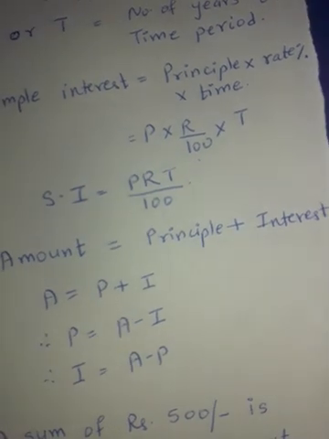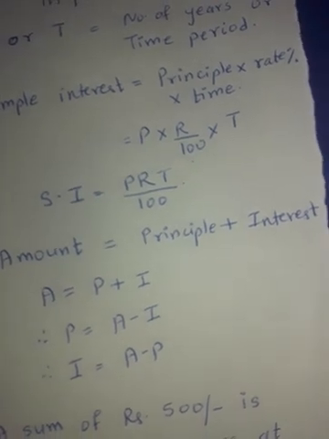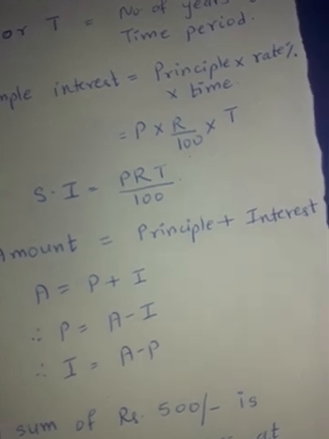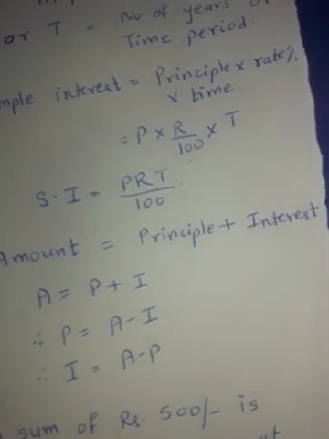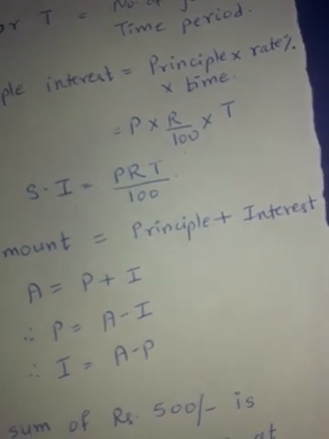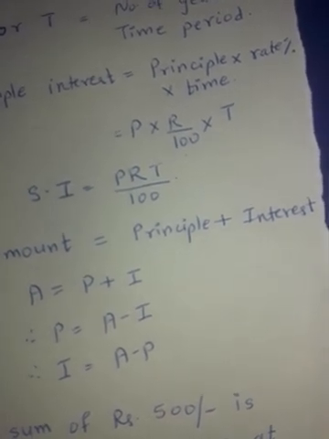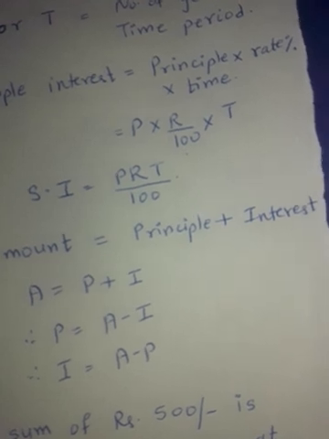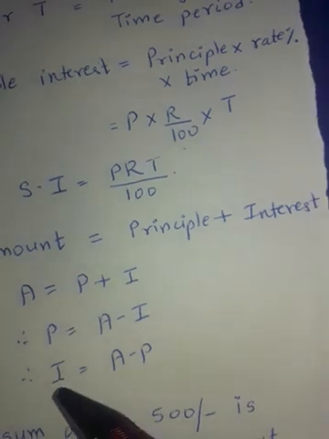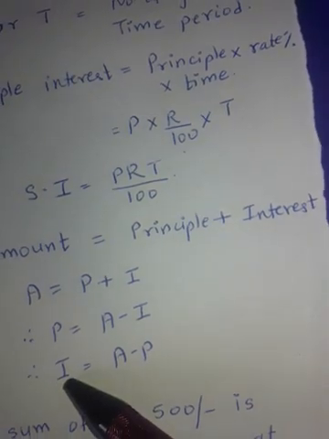Like say, if I tell you that I invested 5,000 rupees and after 2 years I got 6,000 rupees back, that difference of 1,000 becomes my interest. So amount minus principal becomes the interest.